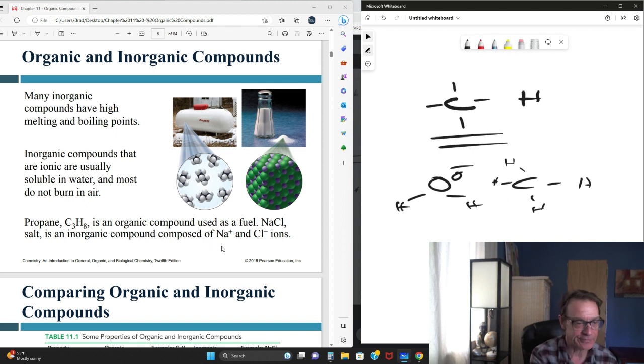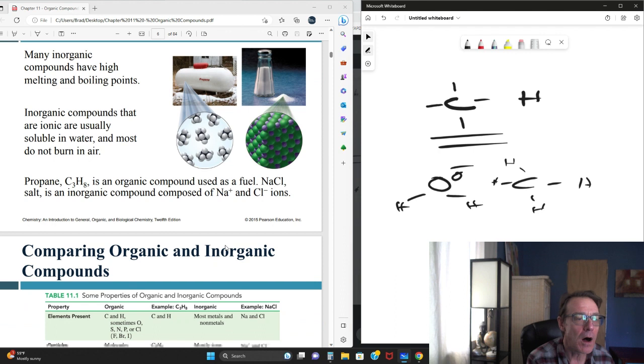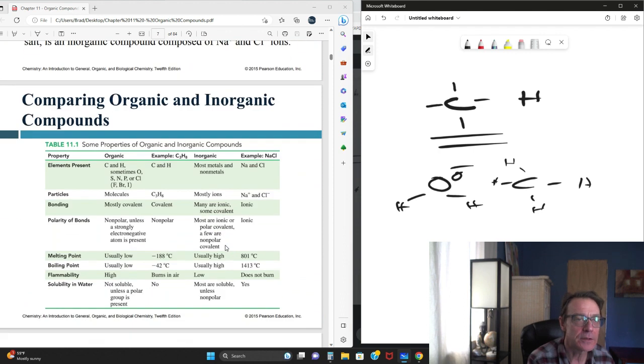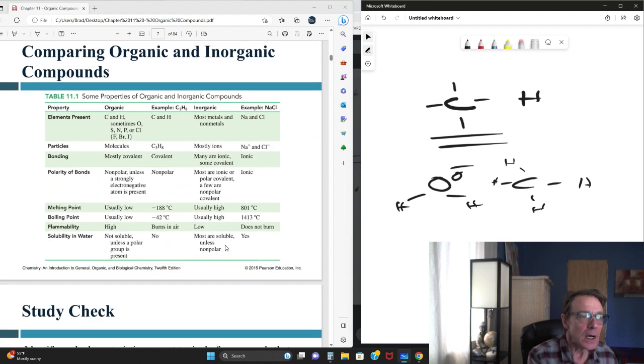And we've looked pretty extensively at this point at the properties of inorganic molecules. They dissolve in water, form anions and cations, yada, yada, yada. Okay? All those things that we've come to know about inorganic chemistry.